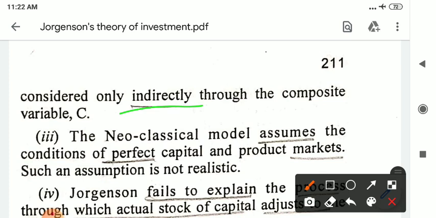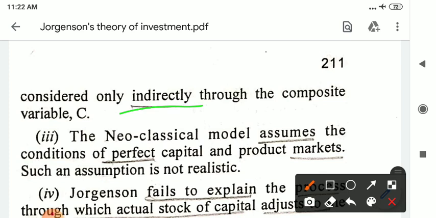In Jorgensen's model, he is not showing any type of direct relation between CR, R, delta, TC, D and K. They are all not having any direct relation with the investment function. They are only having an indirect relation through the user cost of capital. So this is the criticism of neoclassical theory.